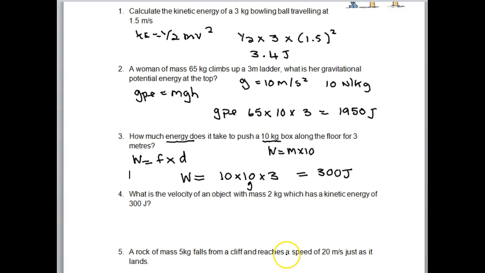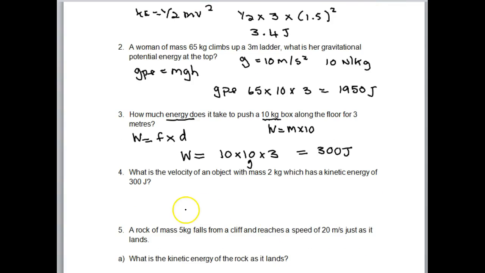The next question is a little trickier in that you have to rearrange the equation. The simplest thing to do is simply put the numbers in and see where you go from there. So we want to find the velocity with a given kinetic energy.